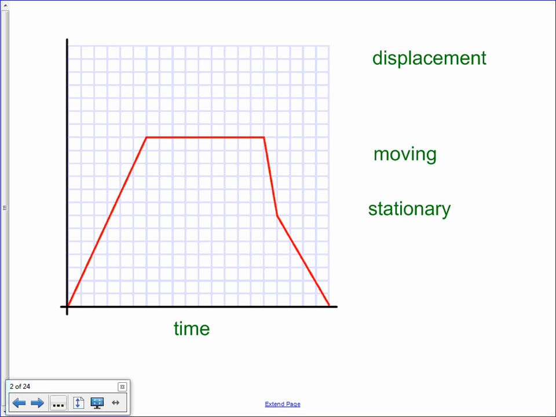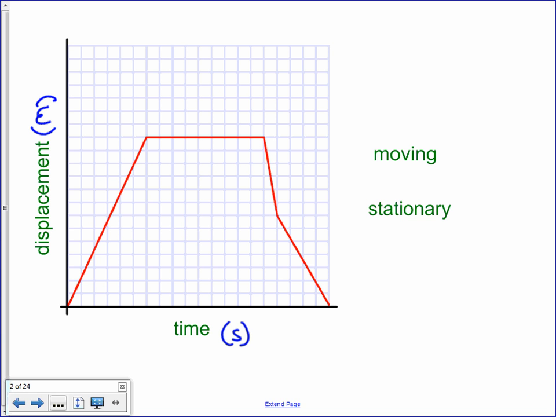In this case, all we have is displacement, and that oftentimes will go onto the y or vertical axis. So this is displacement in meters, and time should be measured in seconds. You really should indicate what units you're using on your graph.